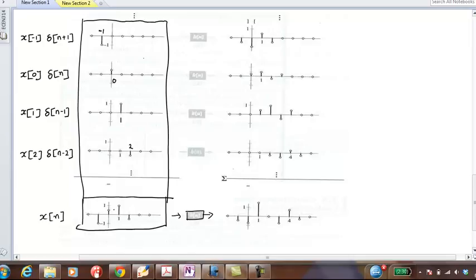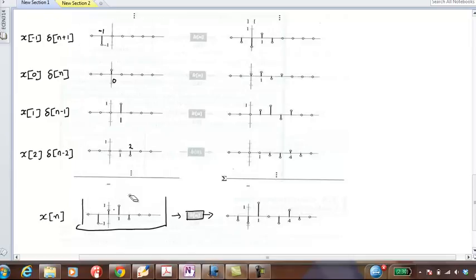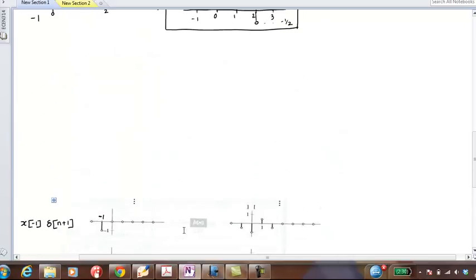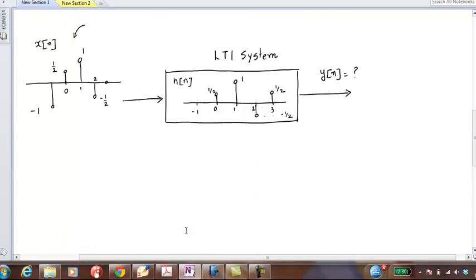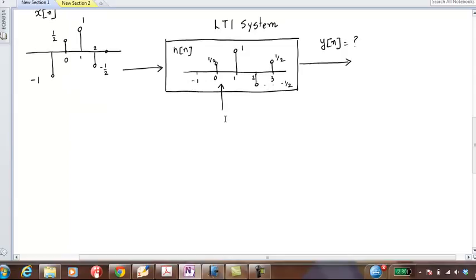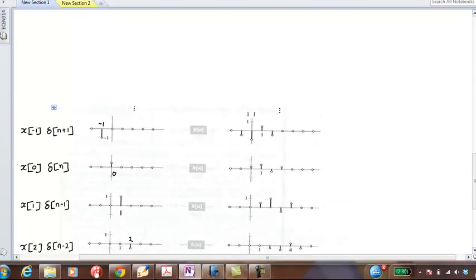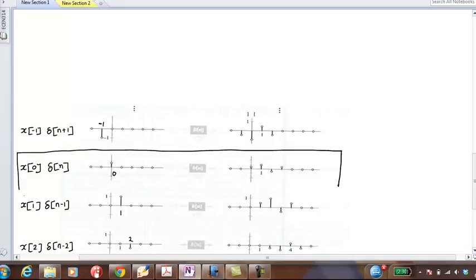Alright, now how does this help in trying to find the output corresponding to the input x? It helps because of the following. We know that the input delta of n results in this output. So if I were to multiply delta of n by x of 0, let's just look at this block here.